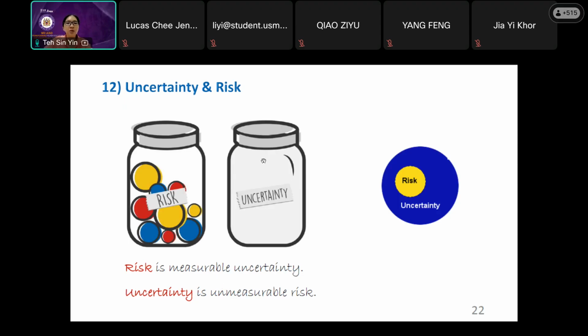So let us look at these two bottles. The left side bottle, we have some information that we can measure. Can you tell me in the chat box what type of measurable information you have on the left side? You can tell me what you can see.